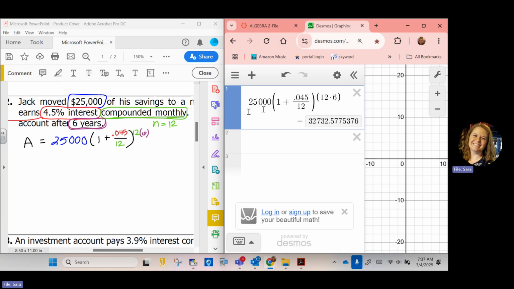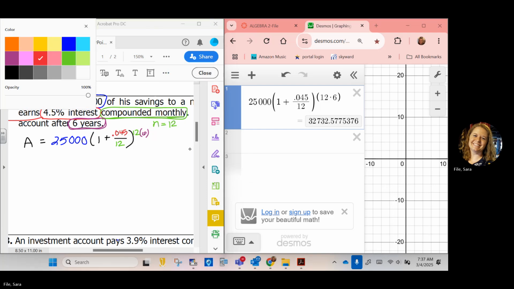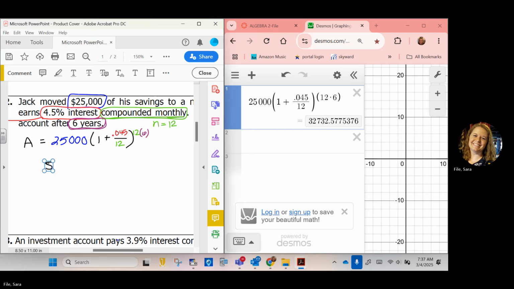Double check, 25,000, 4.5% compounded monthly after 6 years would come out to $32,732.58. Good. Pretty good return on investment there.